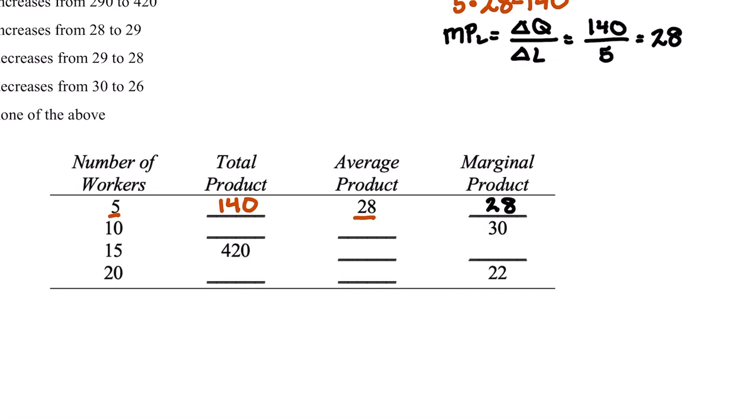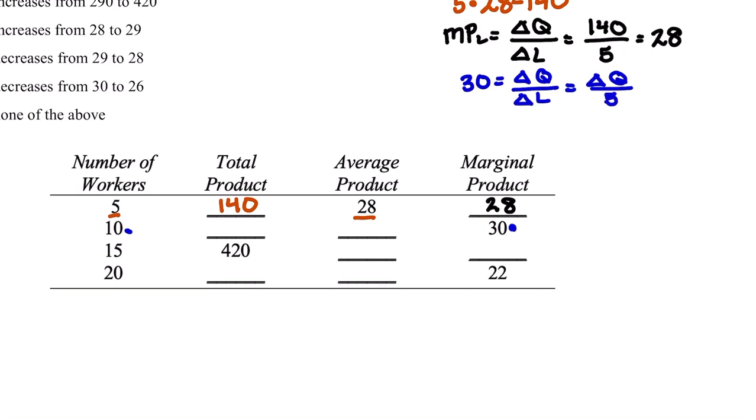If we know our marginal product is 30 when there's 10 workers, then we know that 30 equals our change in quantity over our change in labor, which is something over 5.